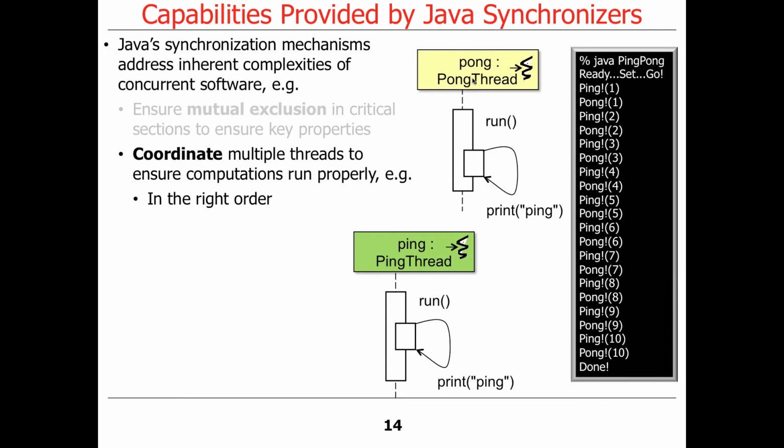So if you had a program that played ping pong, like the old video game Pong, you would want to ensure that if you had two threads, they would take turns doing ping and pong and ping and pong. And you wouldn't want one thread to go ping, ping, ping, and then another thread go pong, and then ping, ping, pong, pong, pong. You want to do ping, pong, ping, pong. So synchronization can be used to coordinate the behavior of the threads to make sure that they run in the right order. That's one way they could coordinate.